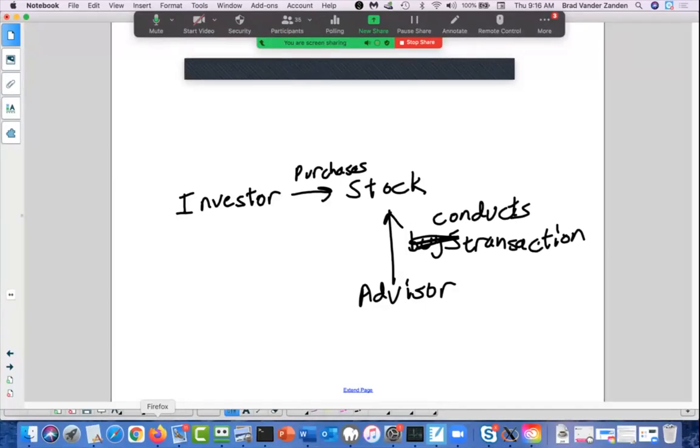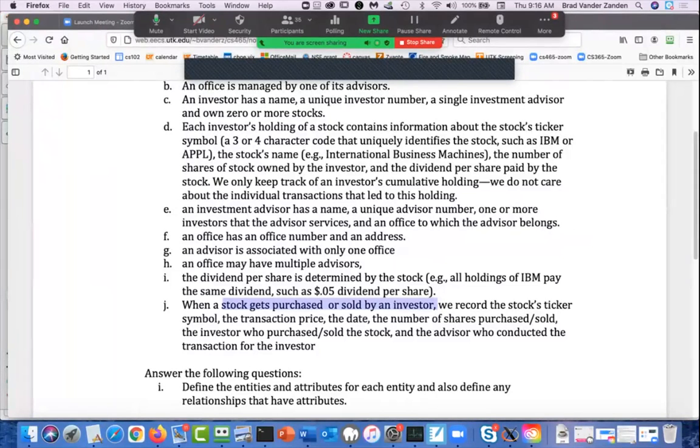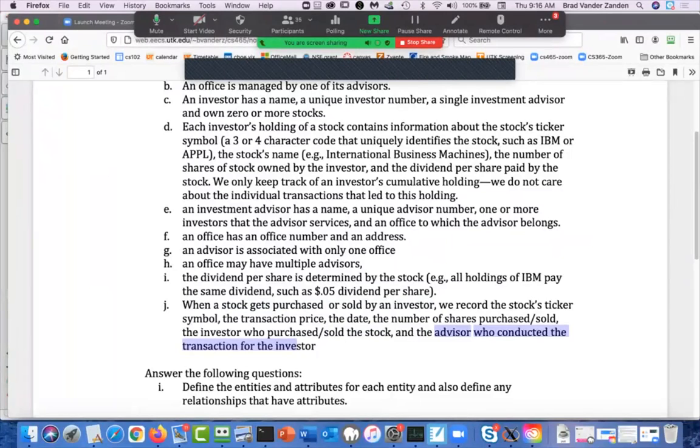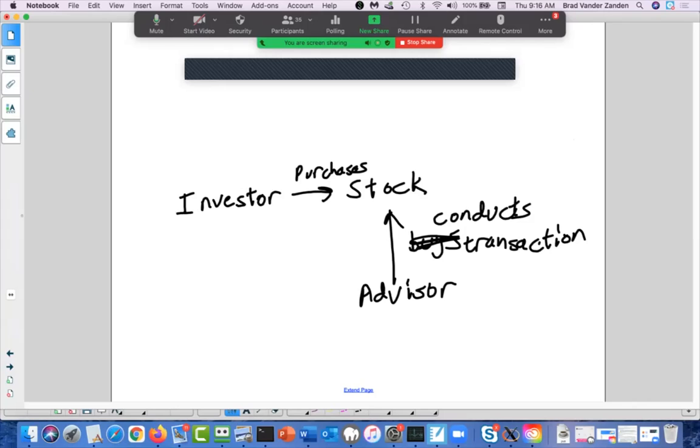You might think, oh, I'm going to write it this way because in J here, I have stock gets purchased by an investor, and I have advisor who conducted transaction for the investor. Actually, you might think advisor conducts transaction for an investor, and you'd write it that way and it would be wrong.